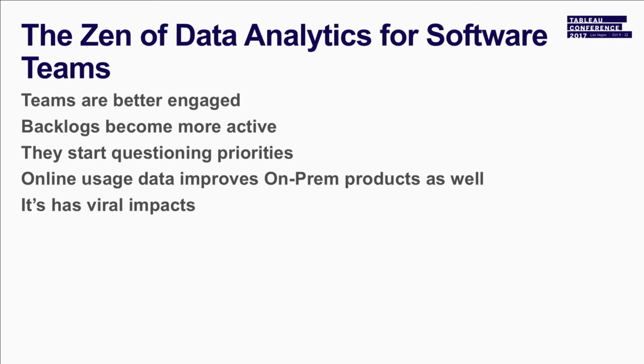And yes, some set of people in the company are responsible for deciding priorities, but now teams actually have data that they can use to question some of those priorities, and we're seeing that happen. And although we did this only for online, it is improving our on-premise products as well.